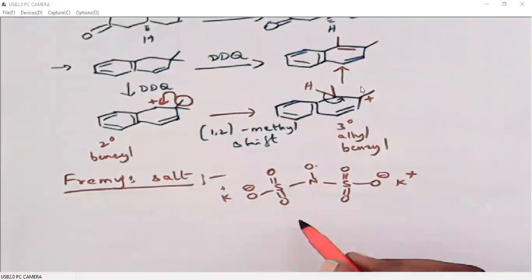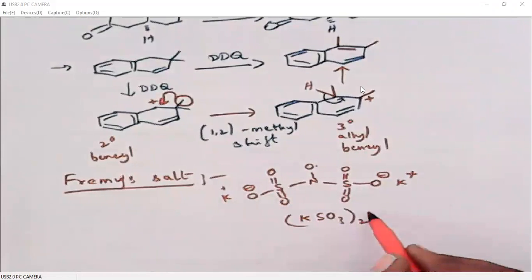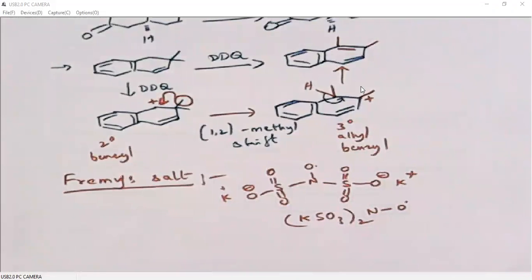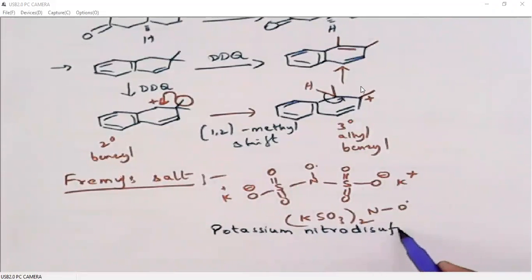In simple terms, we can also write (KSO3)2NO. So it is a radical reagent. It is called potassium nitrosodisulfonate. Because it is an anion, we say it is sulfonate.